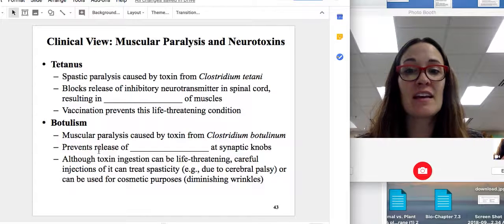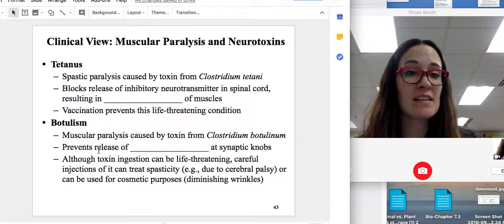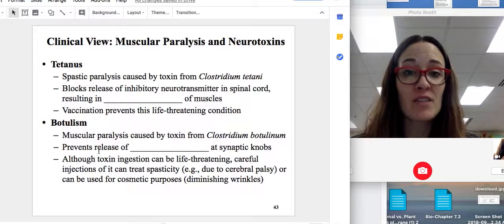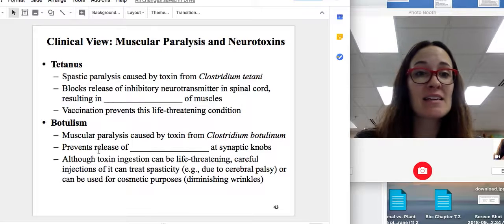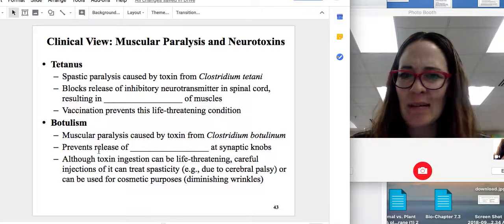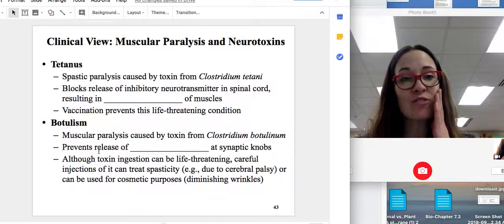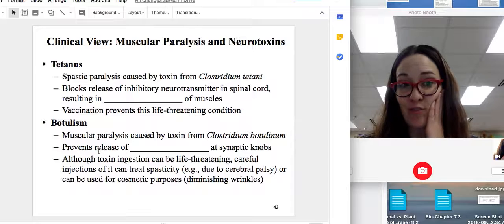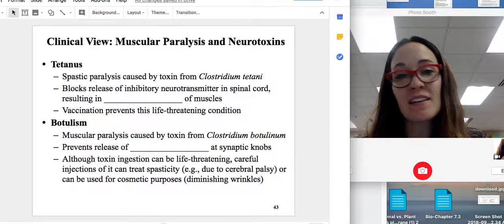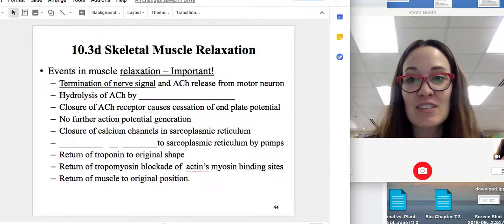It can treat a condition called cerebral palsy, where there's spasticity in the muscles. It can calm them down. And it's also used to diminish wrinkles in the face by calming the muscles down.